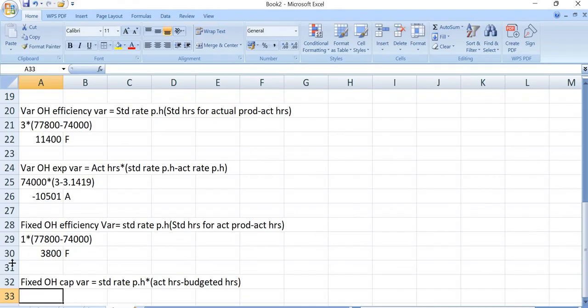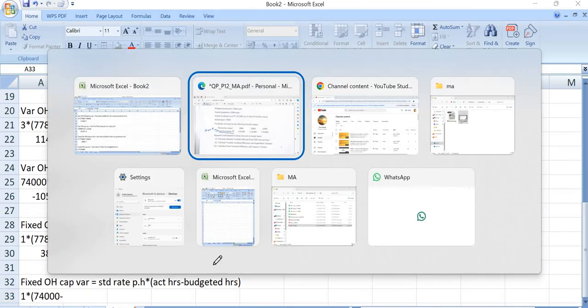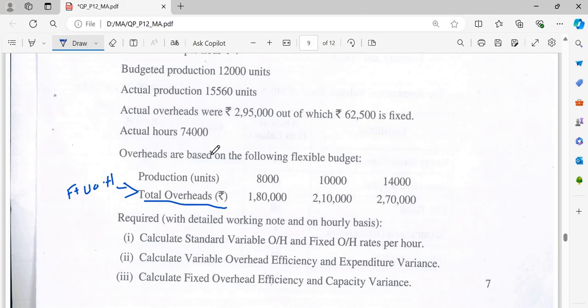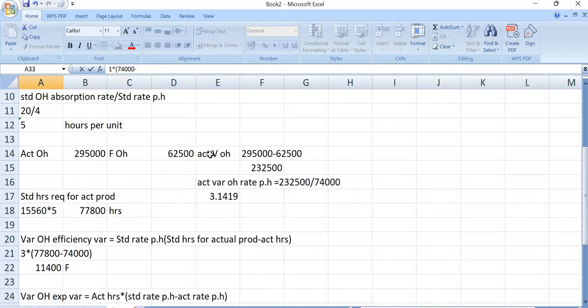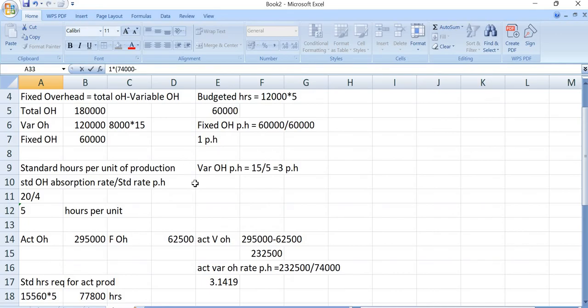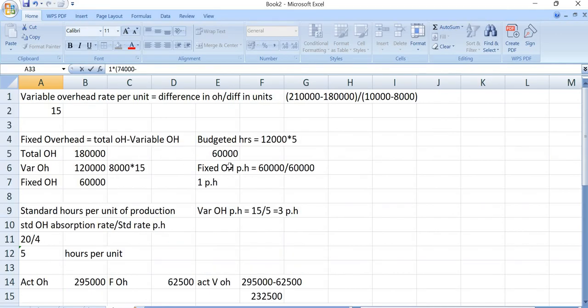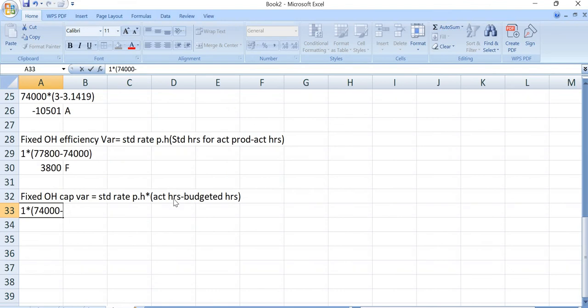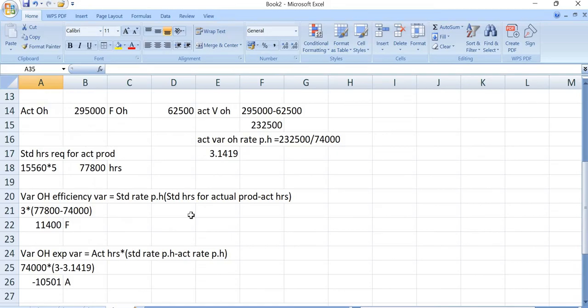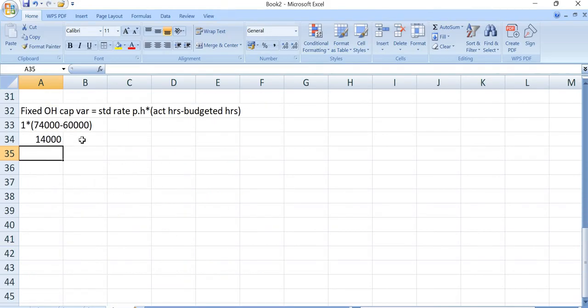So remember this is not standard hours. So standard rate per hour is 1 into actual hours is 74,000 minus my budgeted hours. That is they have given. We have already calculated budgeted hours based on budgeted production, that is 60,000. So we will be getting 14,000. So hope this is clear. So 14,000 favorable.